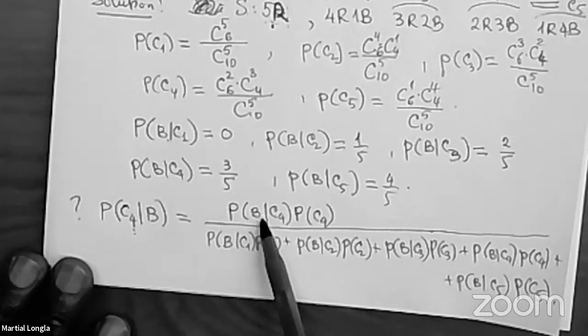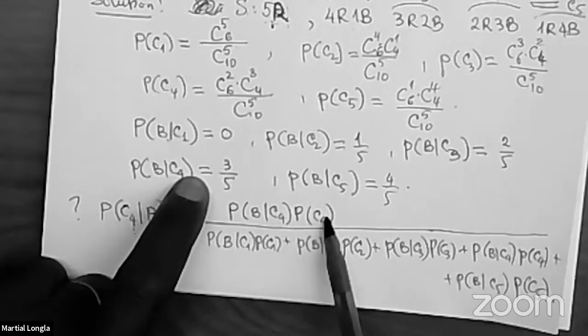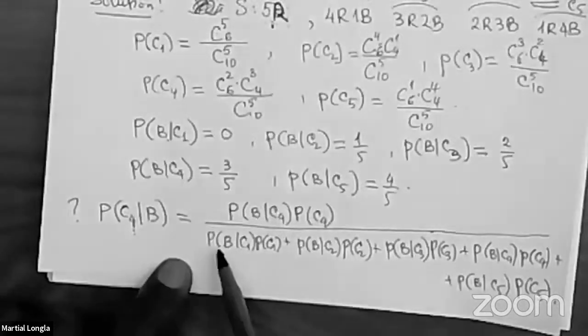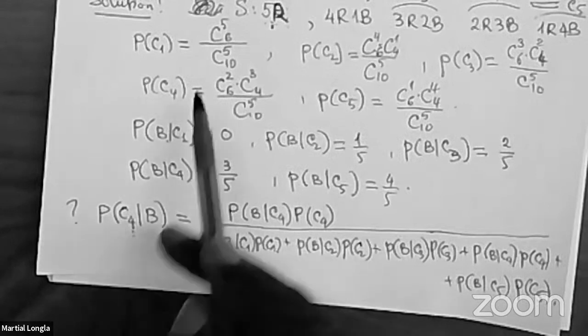And now you can check, we have all the necessary numbers. P of B given C4, we have it. P of C4, we have it. And all these probabilities we have, and you just take those numbers and plug in. Question?